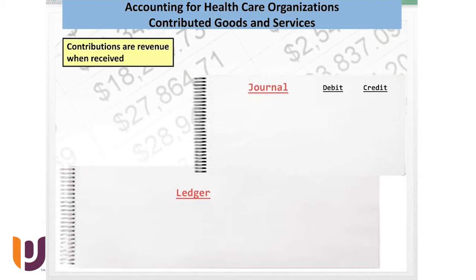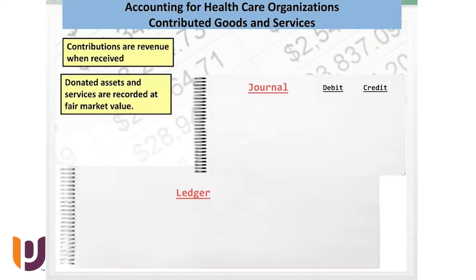Generally accepted accounting principles call for contributions to be recognized as revenue when received. Restricted contributions are recognized as revenue either within temporarily restricted net assets or permanently restricted net assets. Donated assets are recorded at fair market value.